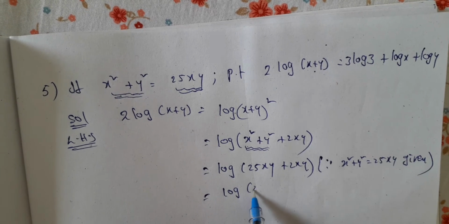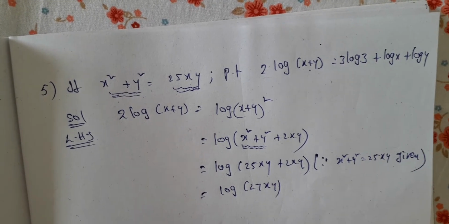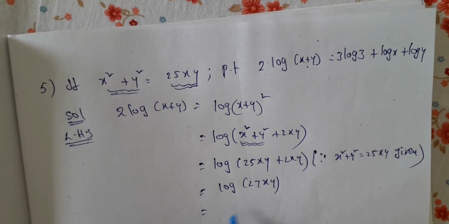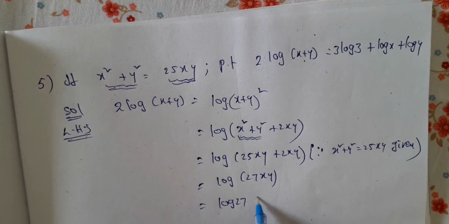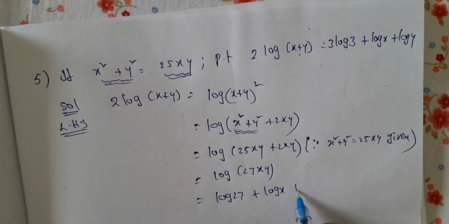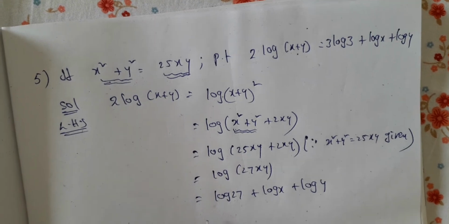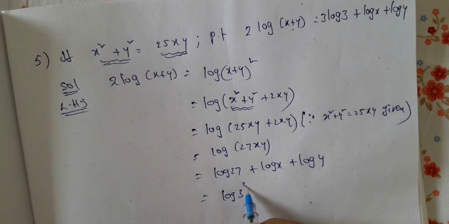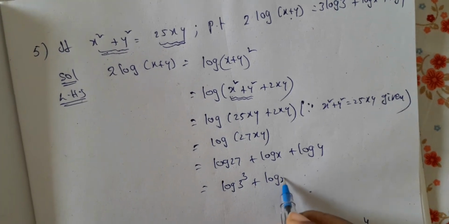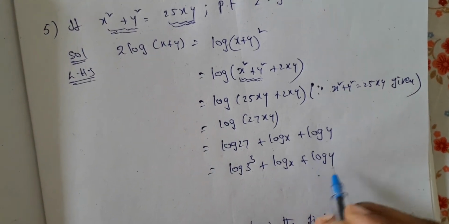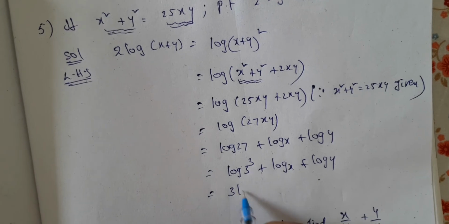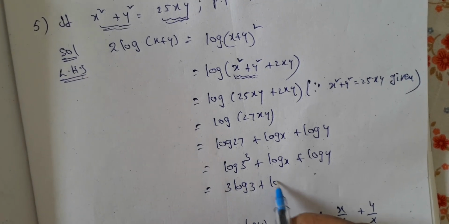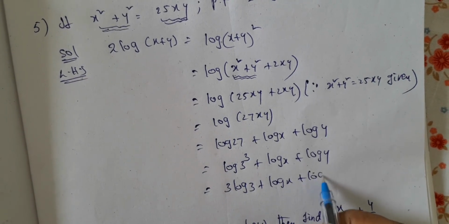Very good. 27xy. Now I can expand this, is it not? Log 27 plus log x plus log y. We are reaching the answer. 27 can be written as 3 cube, plus log x plus log y. Very good. 3 cube, so 3 log 3 plus log x plus log y.